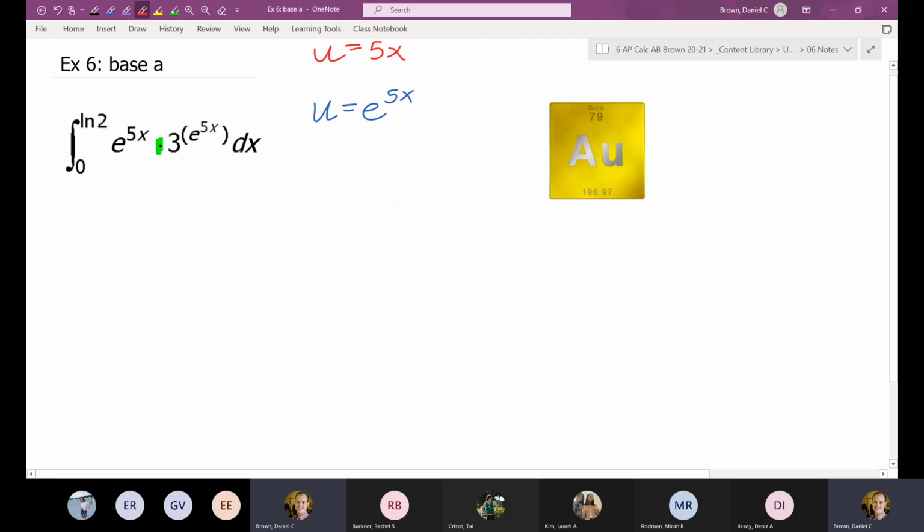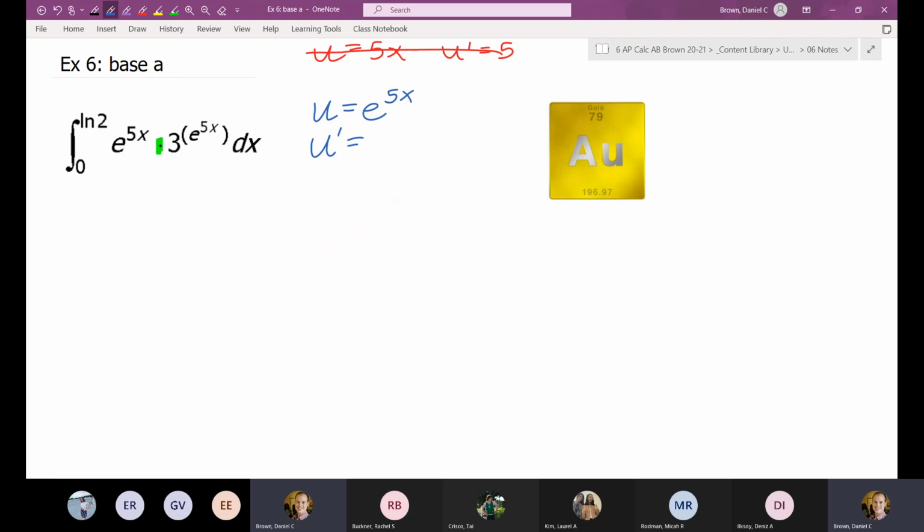But you can quickly rule that one out, because if you do u prime, you just get 5, and 5 is not canceling out any of that mess. So that would not work for us, but e to the 5x does. So we want to go ahead and find u prime. What rule do we also need to be careful with when we're finding our u prime for that expression?